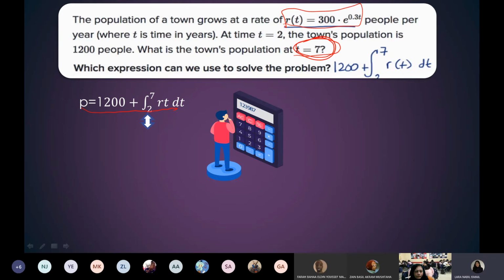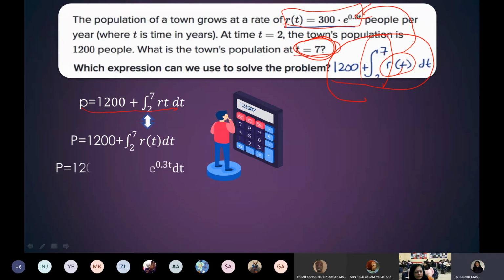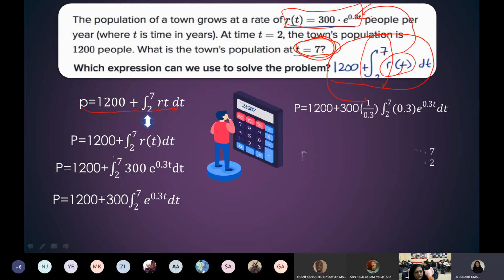They gave us the expression which will guide us in solving the integration, which is 1,200 plus the integration from 2 to 7 of our R(t), our growth rate. So let's start by replacing R(t) with the growth rate, which is 300 multiplied by e raised to 0.3t. Then we shift the number 300 outside.